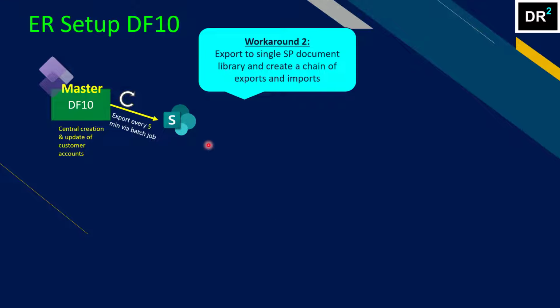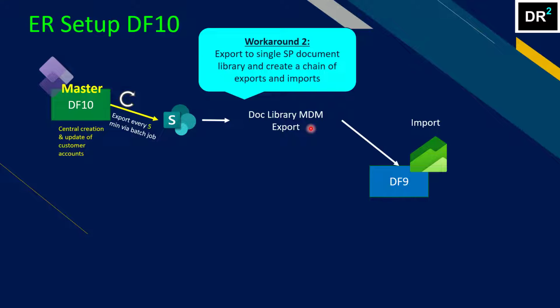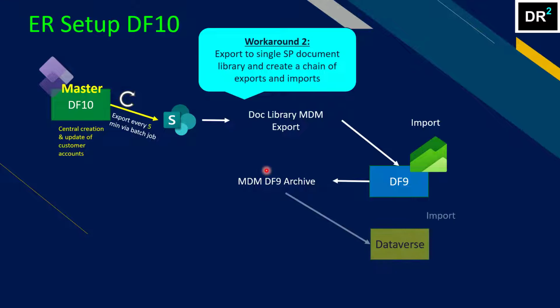I said, okay, export my master data and put it in a SharePoint document library. From there, you import this file in DF9 and you port it to another SharePoint document library, an archive. And from this archive, then you feed Dataverse. And then once that's imported, you put this file in the archive.